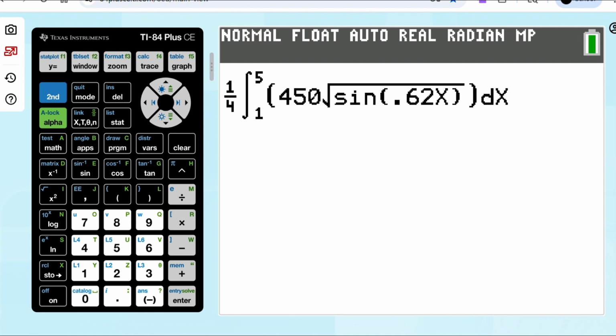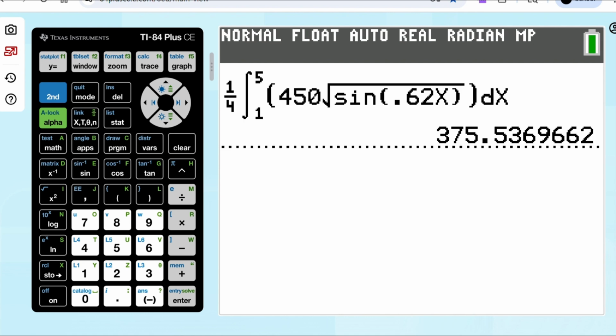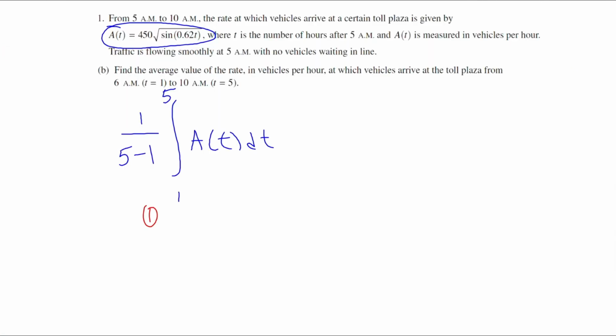And looks like when we have our calculator evaluate that, we should get 375.537 when we round it. So we'll say 375.537 here.